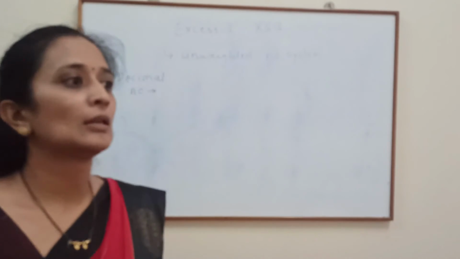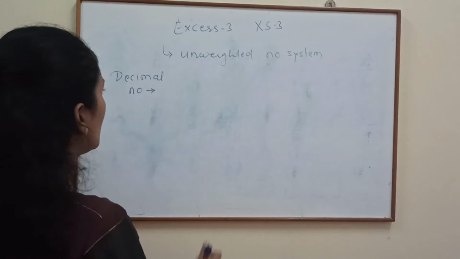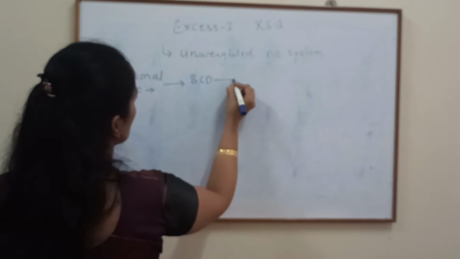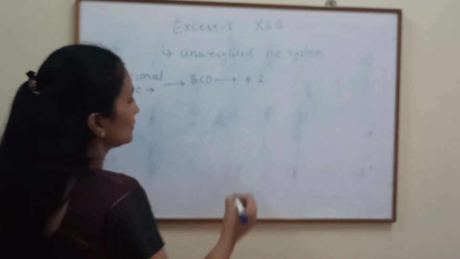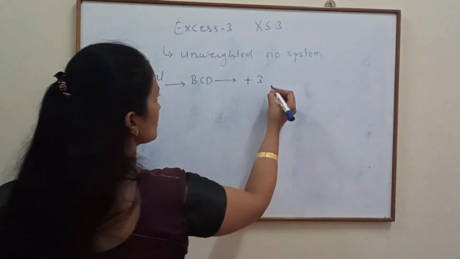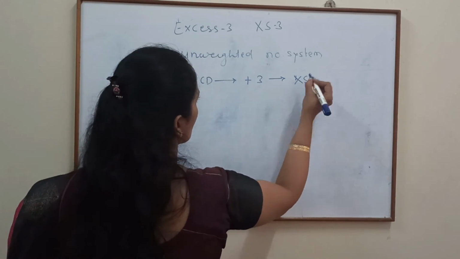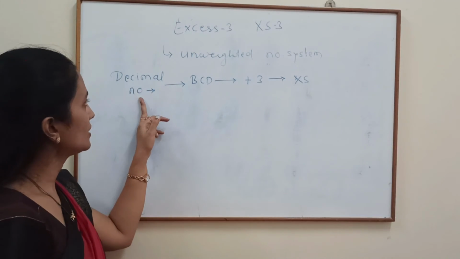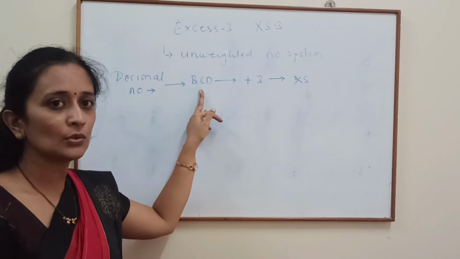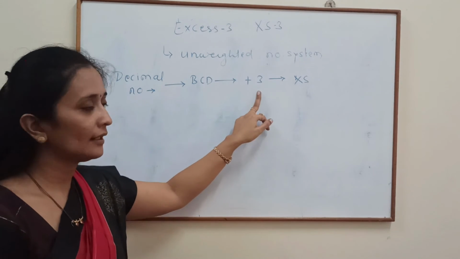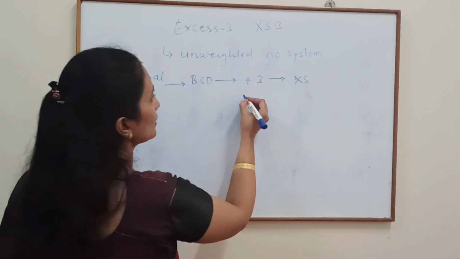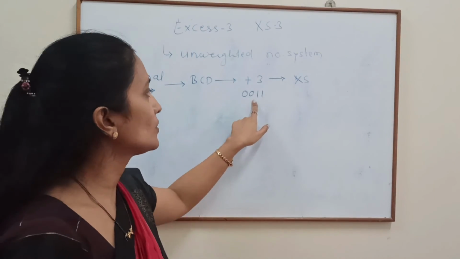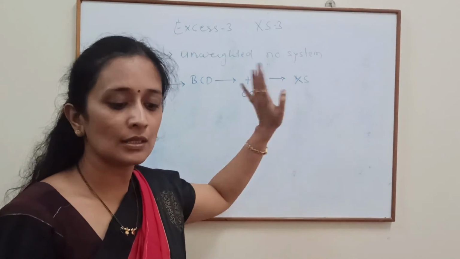How to get BCD from decimal, that we have seen. First we have to convert it into BCD. In BCD, if we add number 3, what we will get? Excess-3. Don't forget this. Decimal number, first you have to convert it into BCD. In BCD, add 3. In binary, how to write 3? 0011. If we add binary number 0011, you will get the excess-3 number.